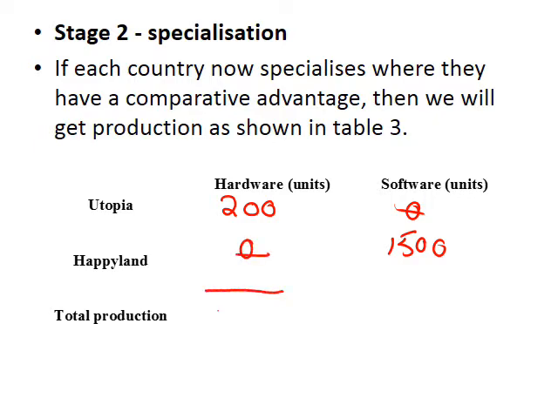So if we look at total production, it is now greater than where we saw the total production and consumption when each country put half of the resources into producing both hardware and software. And where we're going with this is if the production is greater, we also know that the consumption will be greater because the production will, of course, turn into consumption.